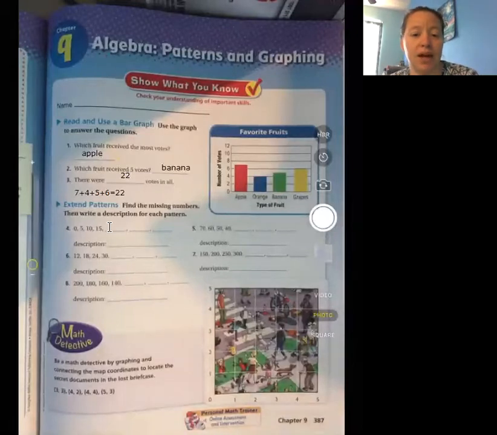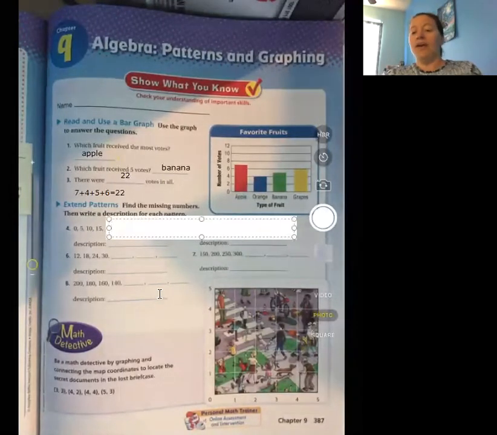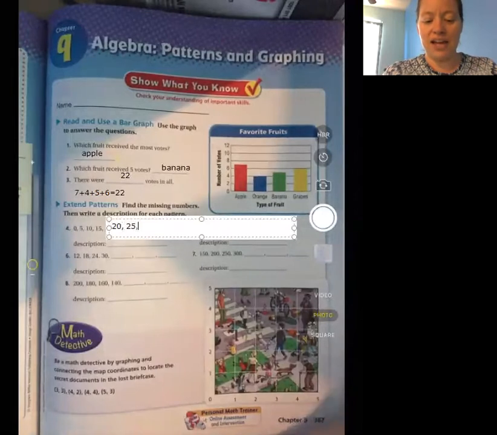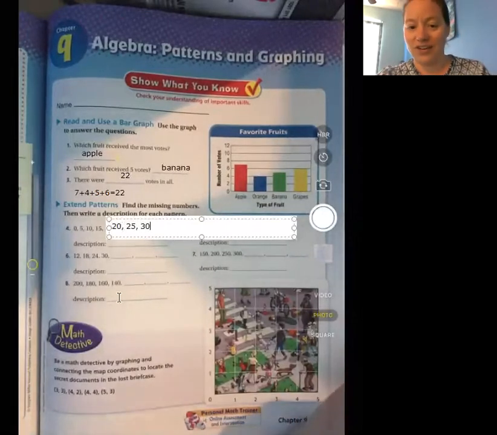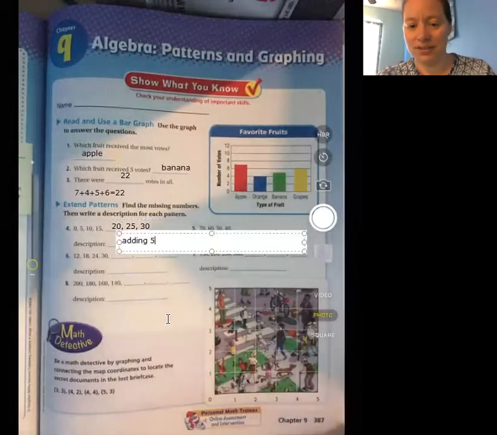Find the missing number and then write a description for the pattern. Okay, so we have 3 missing numbers. 0, 5, 10, 15, 20, 25, 30, right? And we are every time adding how much? 5.